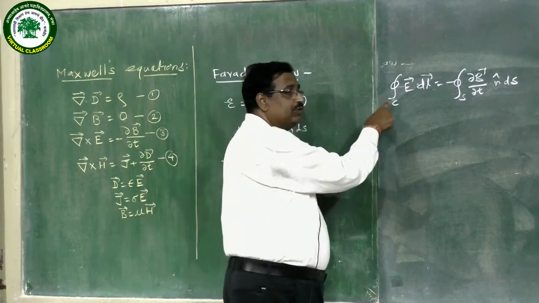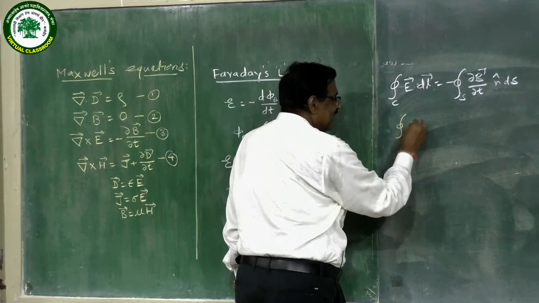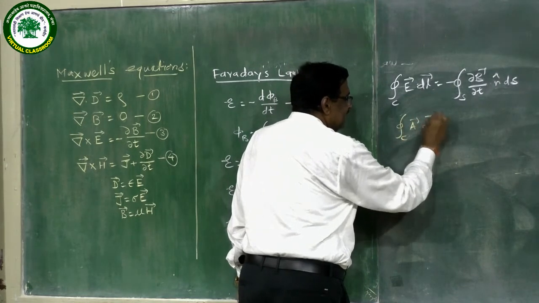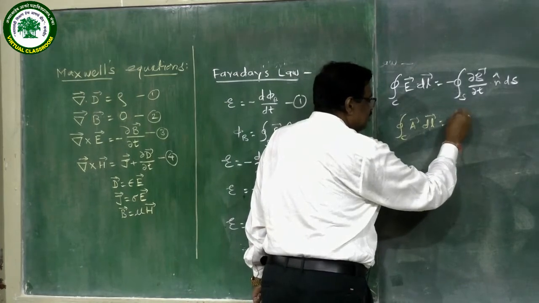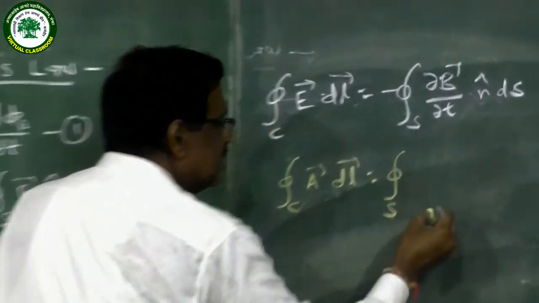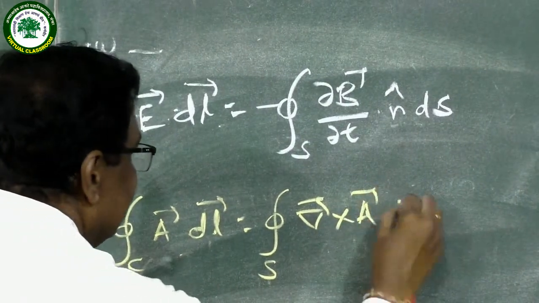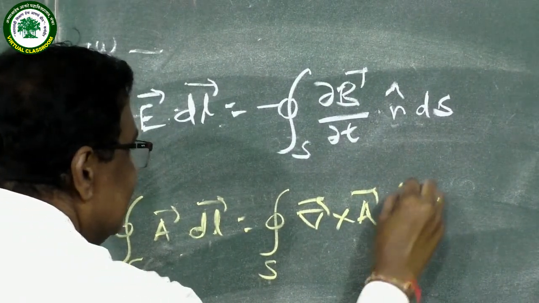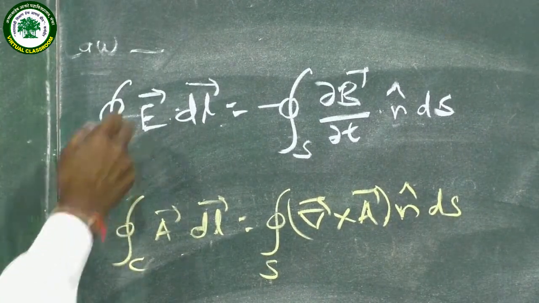So how should it be written then? We know that if we have the line integral of any vector, suppose A is a vector, of A dot dl, then according to Stokes theorem it should be written as the surface integral over S of the curl of that vector, curl of vector A dot n dS. So we rewrite the LHS of the previous equation.